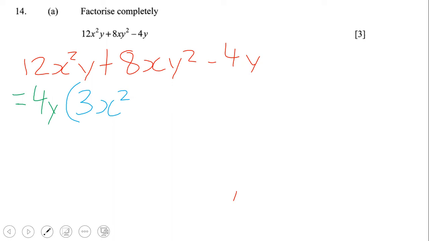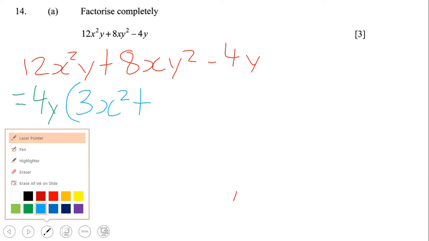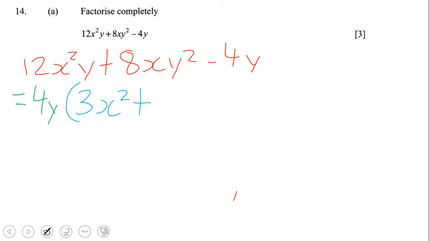So the first term is 3x squared. Next, we ask ourselves, what can we multiply 4y by to give us 8xy squared? The answer is 2xy.